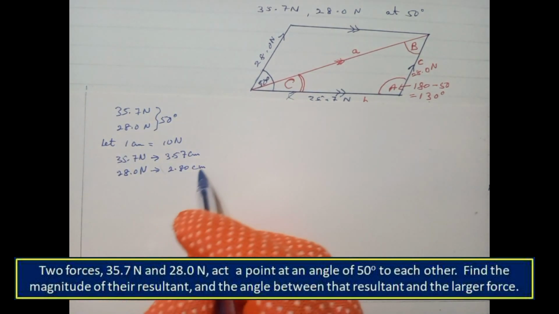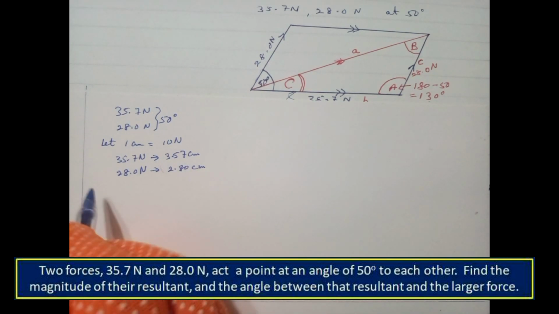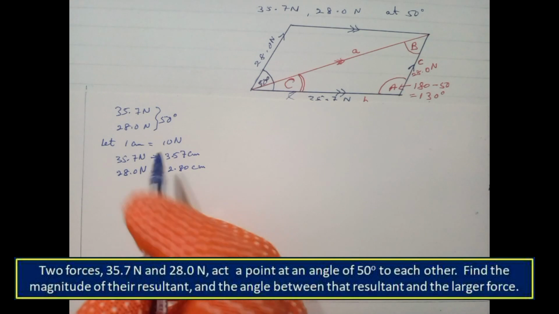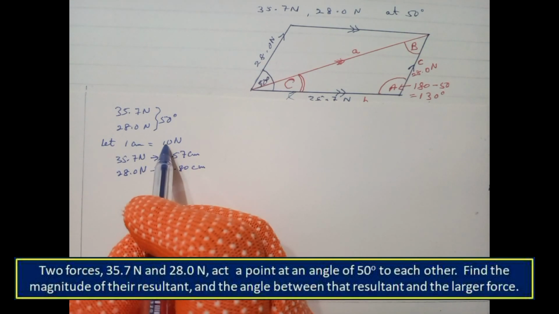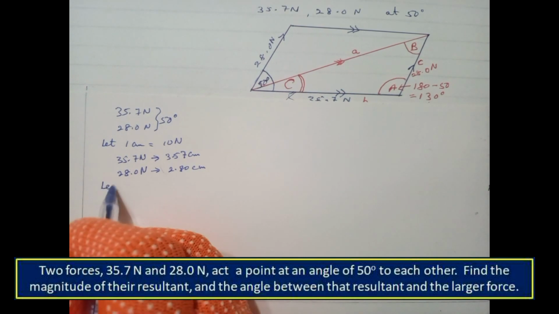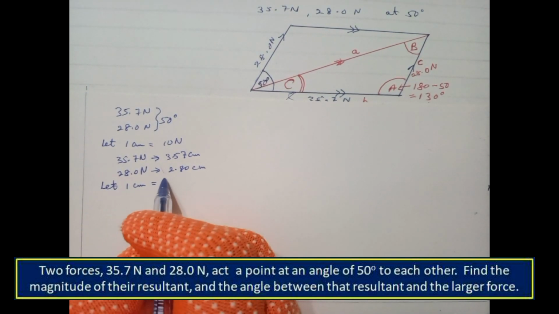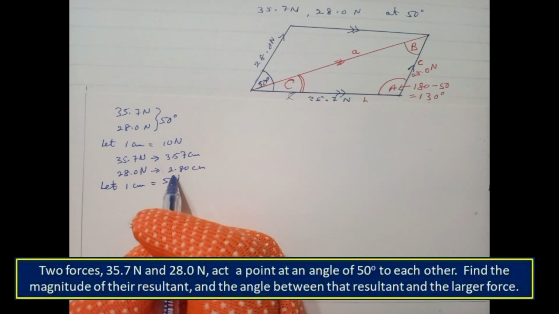Now this will give us a drawing too small. So let's try to take that from 1 centimeter equal 10 newton to let 1 centimeter equal 5 newtons.